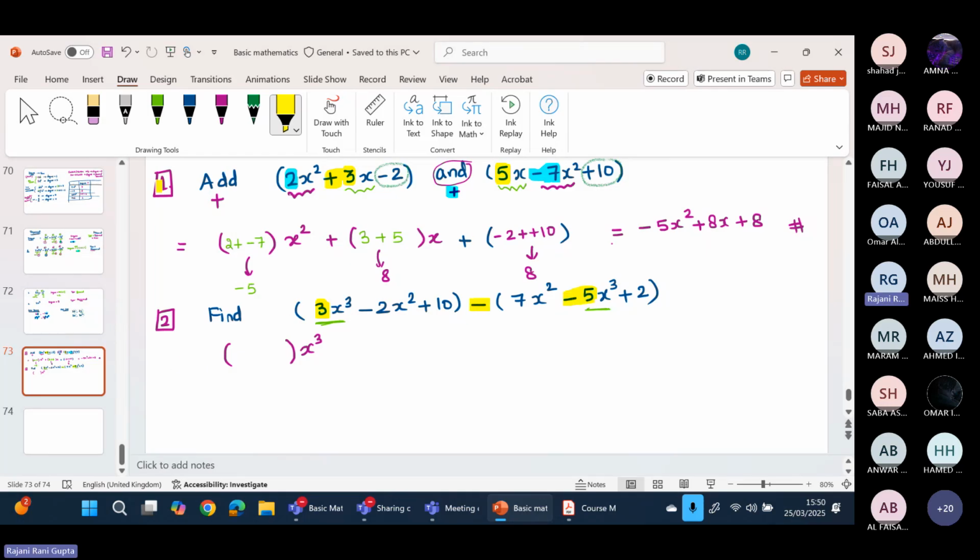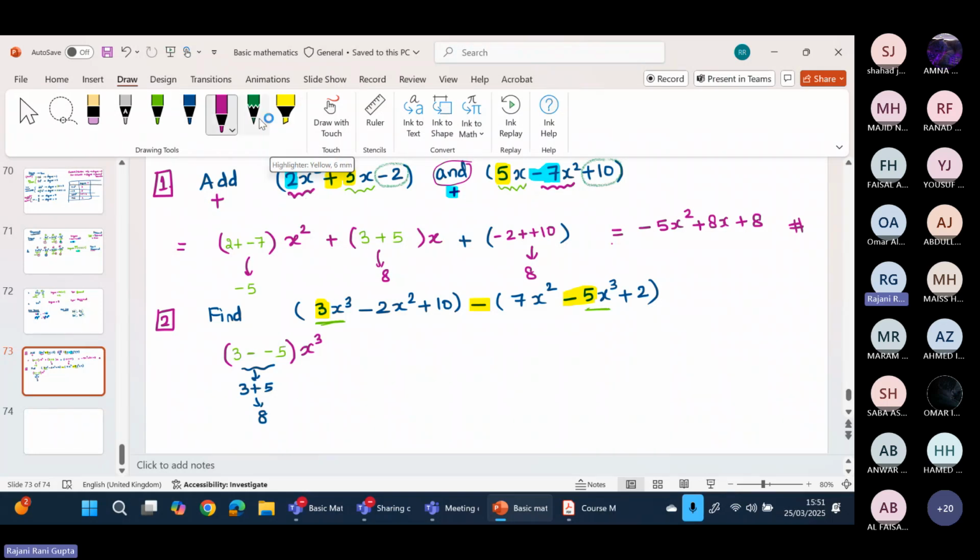Note this sign also. So you write 3 minus minus 5. This gives you 3 plus 5, that is 8. Correct.